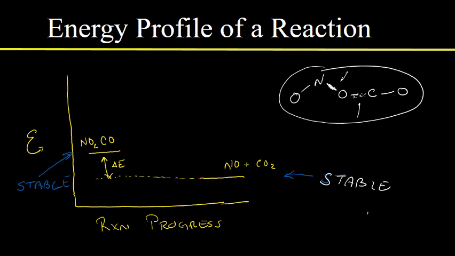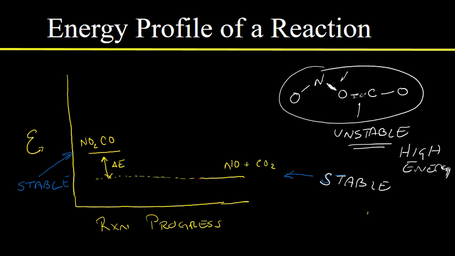So this whole state in which the molecules are colliding, a bond is forming, and a bond is breaking, this is very unstable, right? Or in other words, this has a high energy.